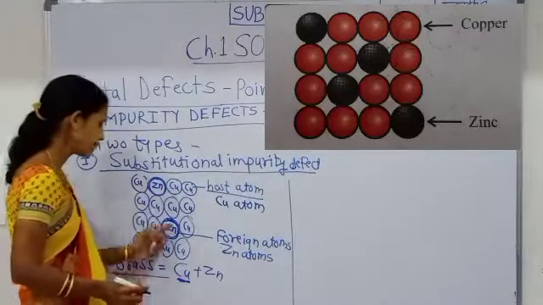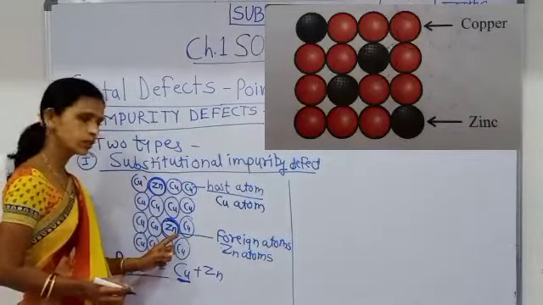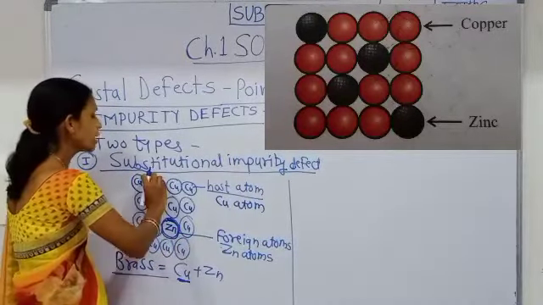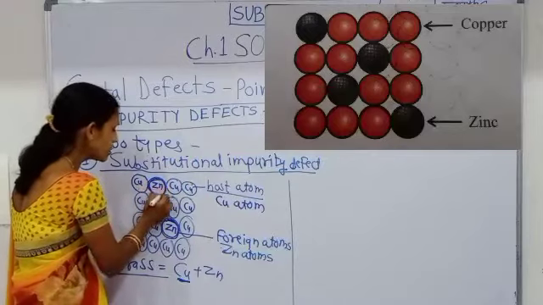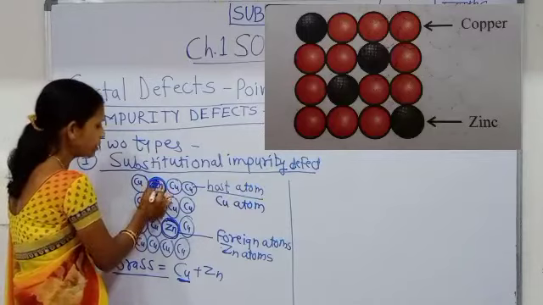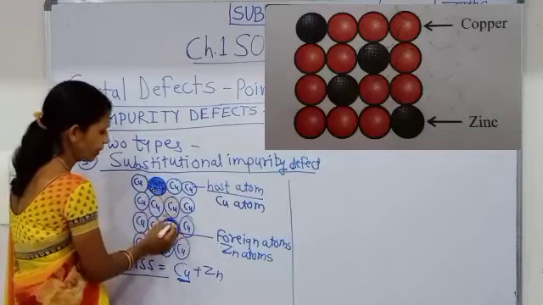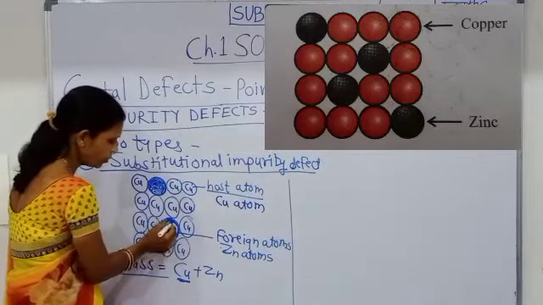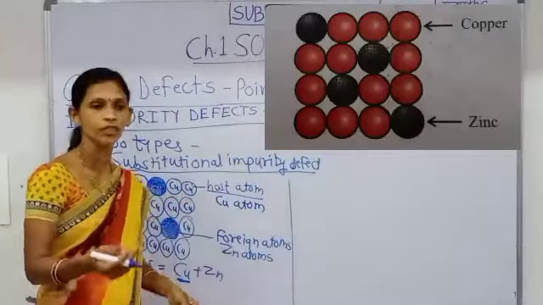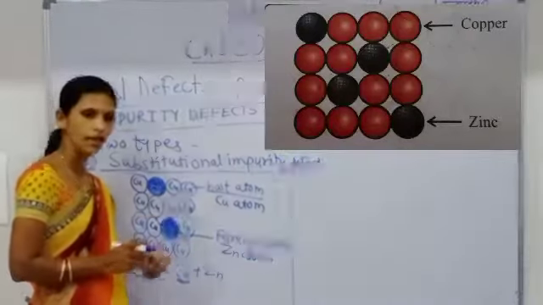In brass the copper atoms are replaced from their original sites, and zinc atoms occupy the space of the copper atoms, and therefore a substitutional impurity defect is obtained in this type of crystal lattice.